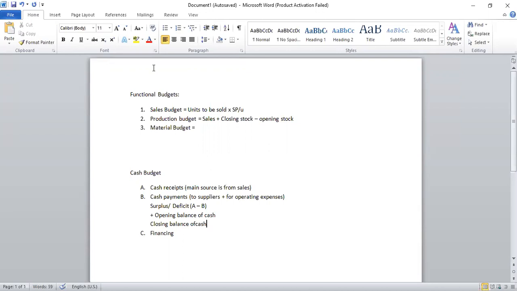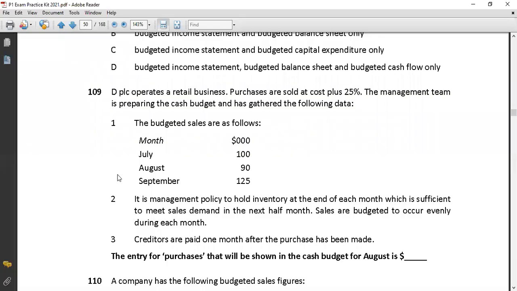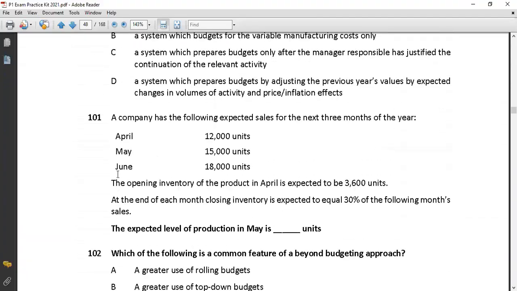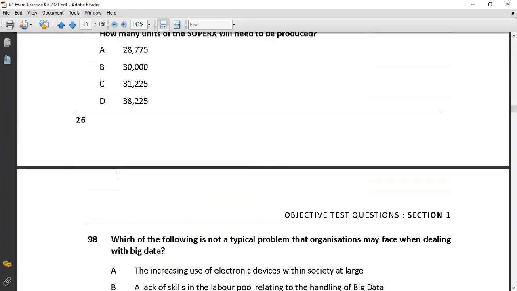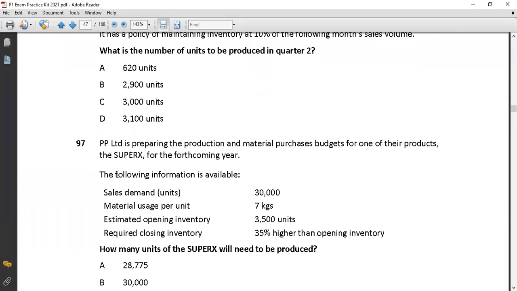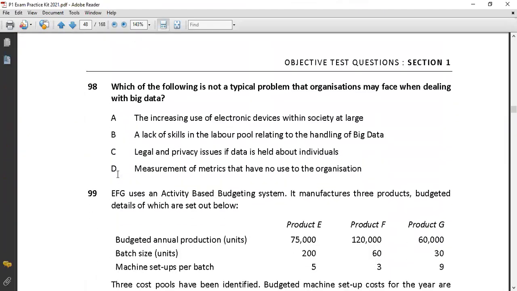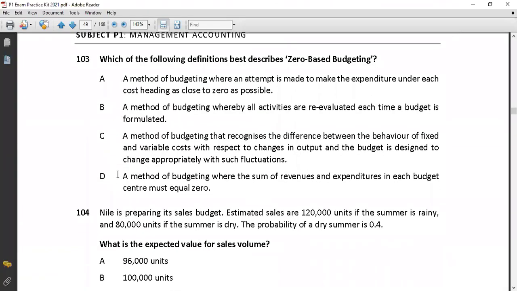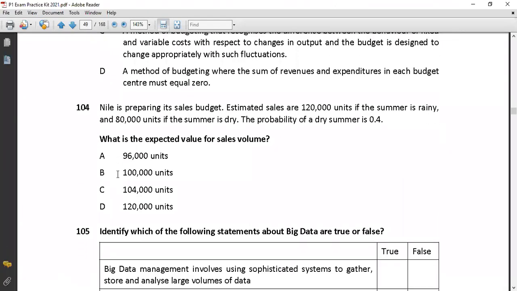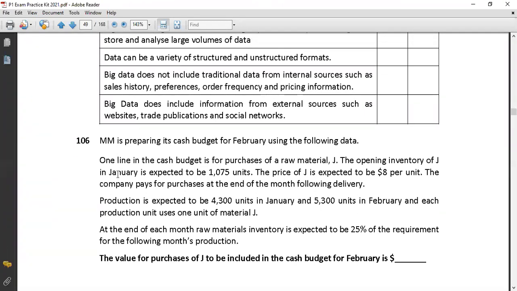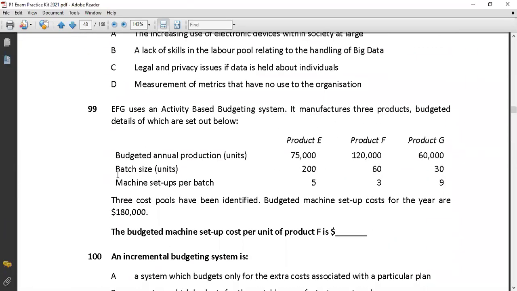Okay, let's get back to the exam kit, because right from the beginning only cash budget questions are tested. So let's take it up. Before 106, we don't have any sales but cash budget.